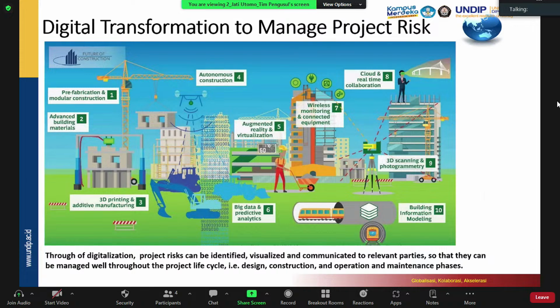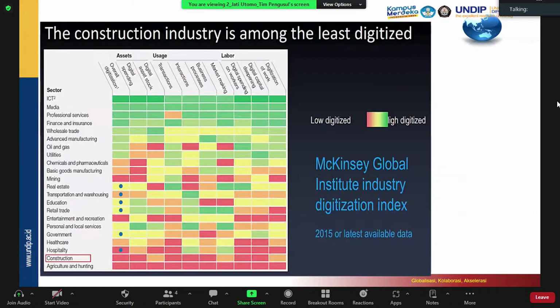So it's getting more popular, and there's a huge demand for BIM experts in this case. So let's have a look in more detail. Unfortunately, until now, the construction industry is considered among the least digitized compared to other industries. We can see here, it is number 2 from the bottom.